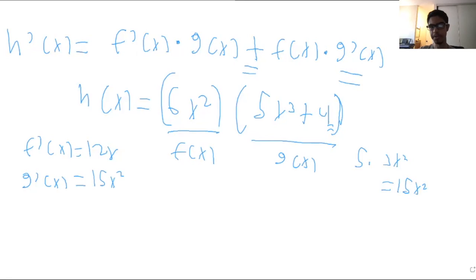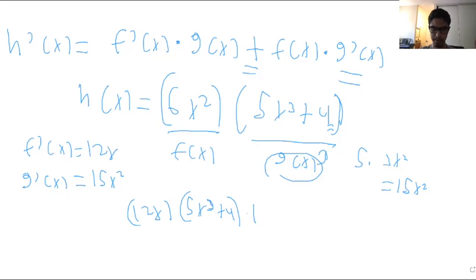Now, again, let's consider that formula above me. All we need to do is just plug in our values. So f prime of x, we had 12x, correct? And then g of x, we already have g of x here. That is our function above us. So 12x times 5x cubed plus 4. And then the addition sign as shown above us in that formula.